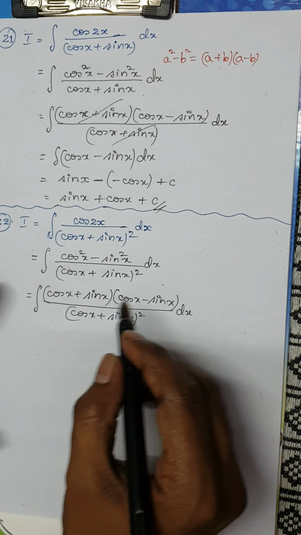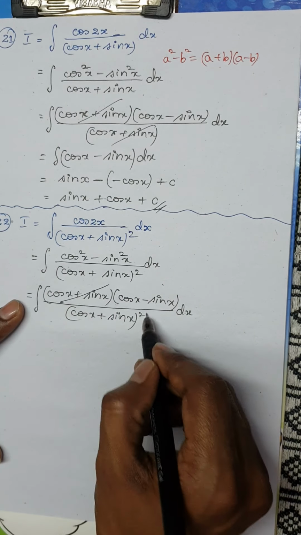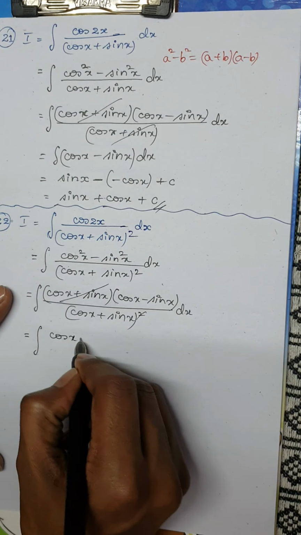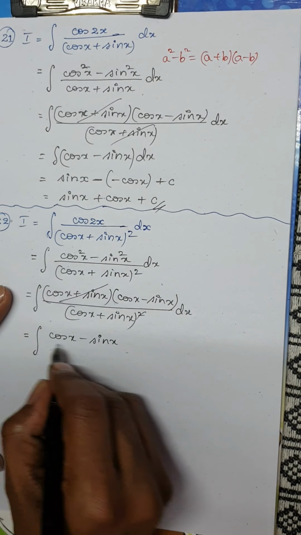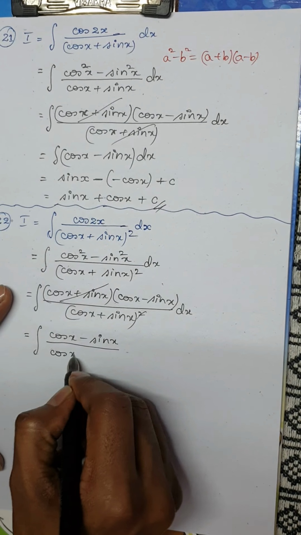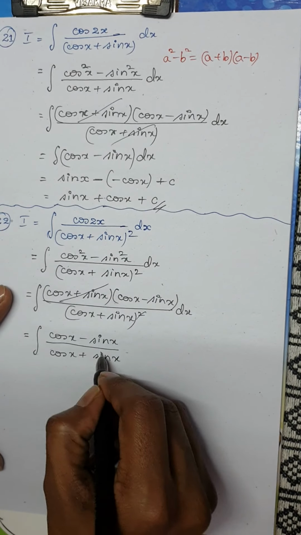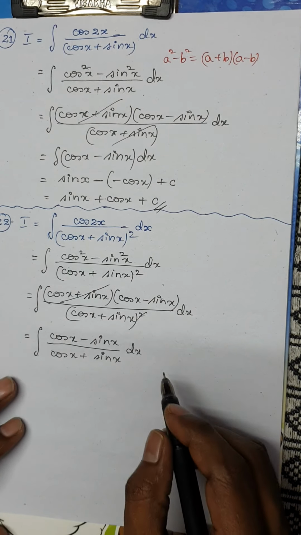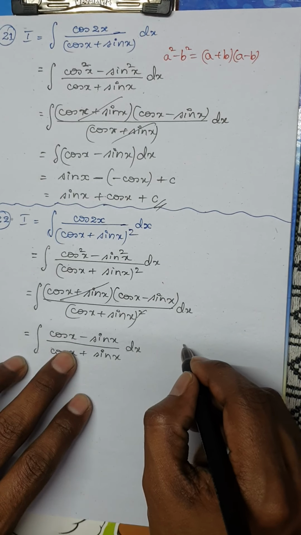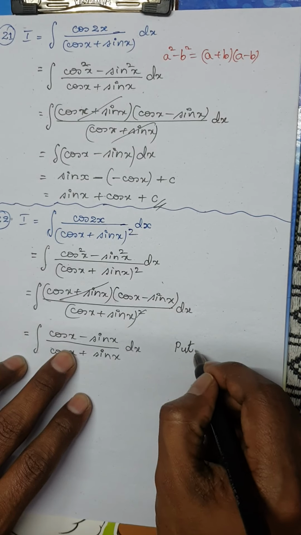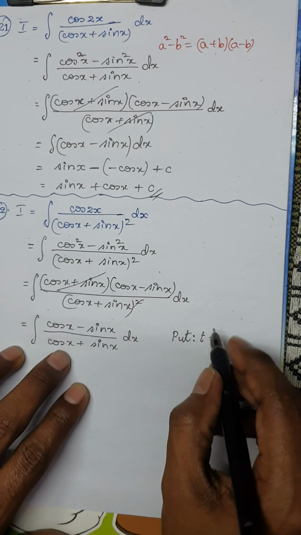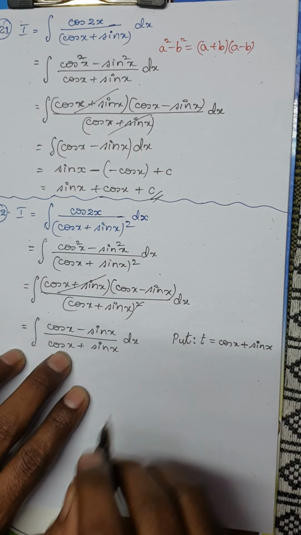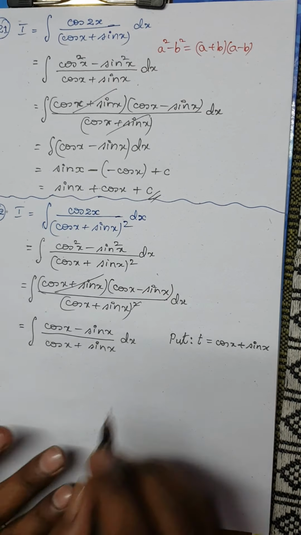Is it clear? Now you can see here, in the numerator I have one power that will get cancelled. So the integral will reduce to the integral of (cos x minus sin x) divided by (cos x plus sin x) dx. Now see what happens here. I can put t equal to cos x plus sin x.